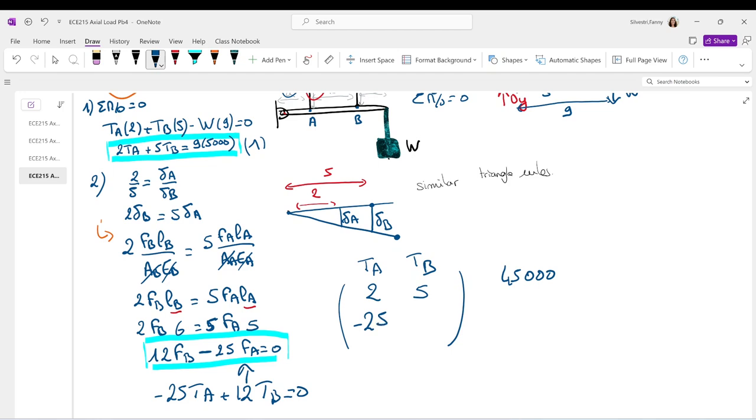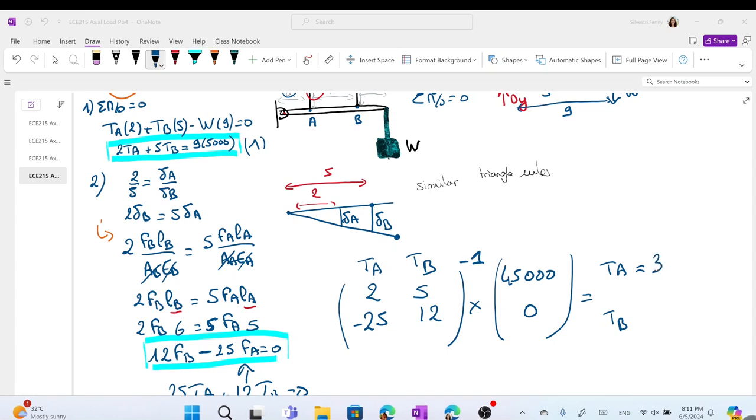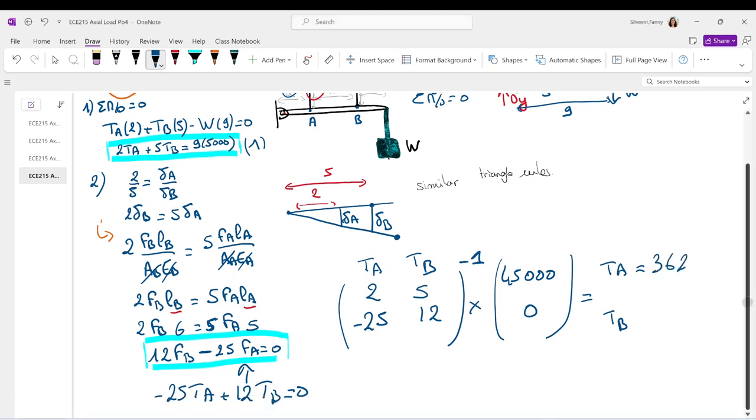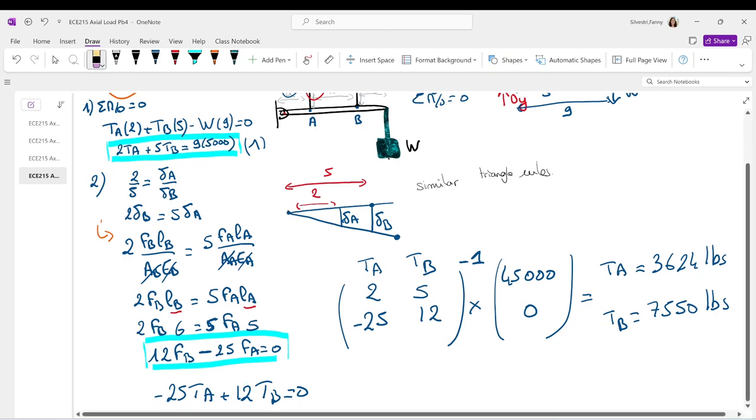We end up having this matrix that we invert, and that will give us the values of TA and TB. TA is equal to 3,624 pounds, and TB equals 7,550 pounds. Here we go, we have our solution.